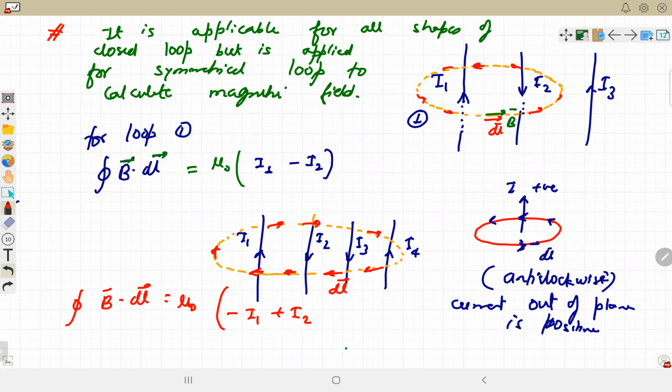Clockwise integration, so into the plane will be positive: I2 is positive, I3 is positive, and I4 is negative. That is the integration of B dot dl. I hope you understood how to choose the direction which is positive and which is negative. Clear?